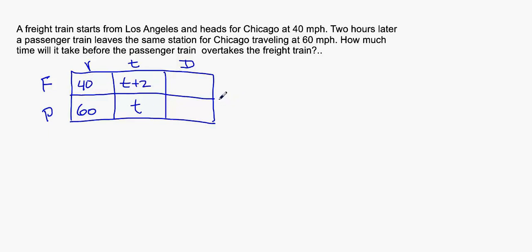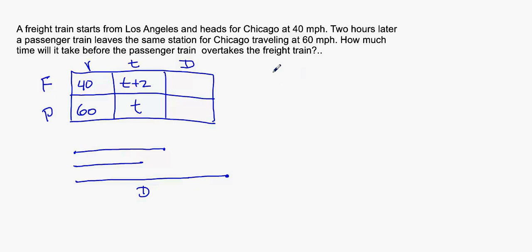Okay? Now, since they're traveling, let me draw a little line here. Starts here, one goes there, the other one starts here and is traveling this way, but eventually both of them will have to be at the same point. Therefore the distances must be equal.